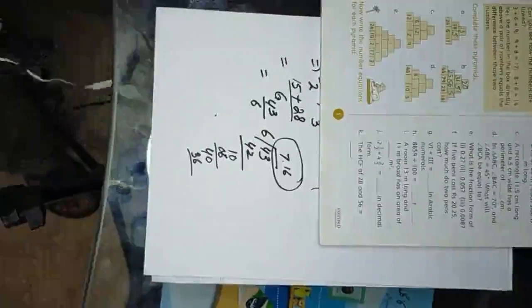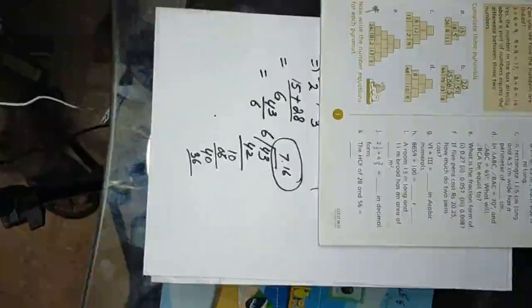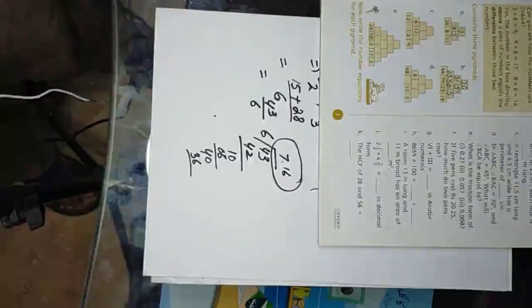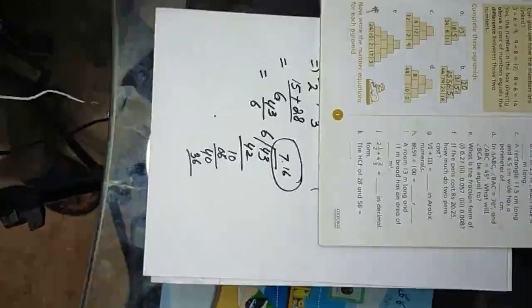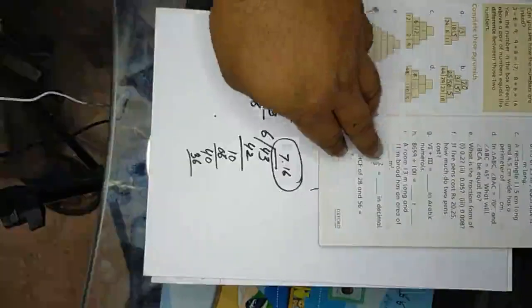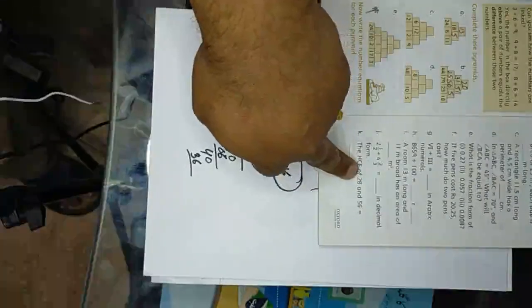You're getting it. And the last question of today, beta, is the HCF of 28 and 56. So for them we need to find what? Right. The numbers that can divide 28, right?